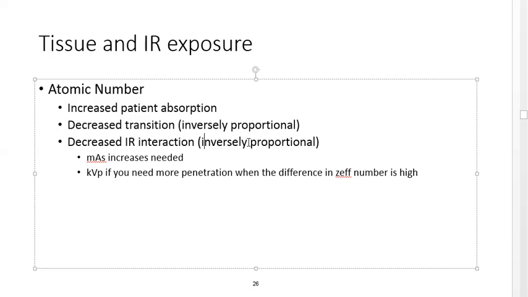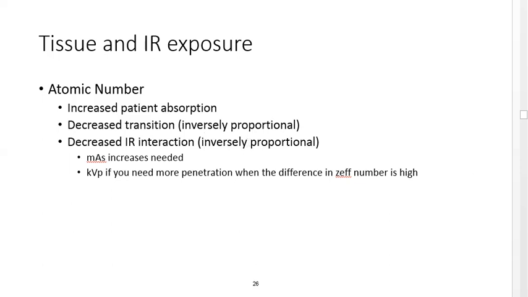So if you increase kVp, you compound that problem. You increase your kVp in the tissue type that's going to create more scatter radiation, and you're going to create exponentially more scatter. So you've got to be careful with increasing kVp, and as a result, most of the time we just increase our mAs for changes in tissue type, even atomic number.